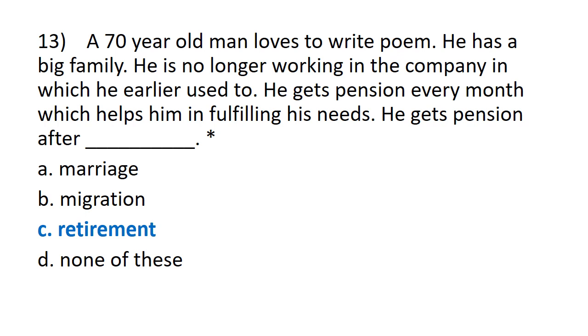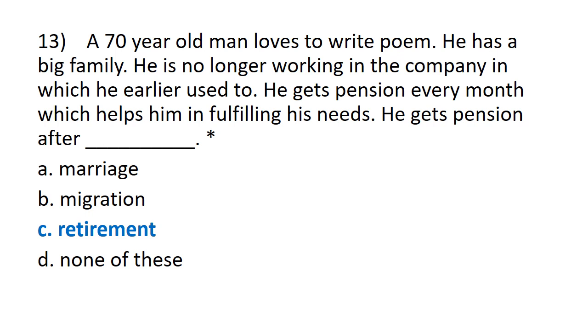Now, the next question we have is, a 70-year-old man loves to write poems. He has a big family. He is no longer working in the company in which he earlier used to. He gets pension every month, which helps him in fulfilling his needs. He gets pension after marriage?